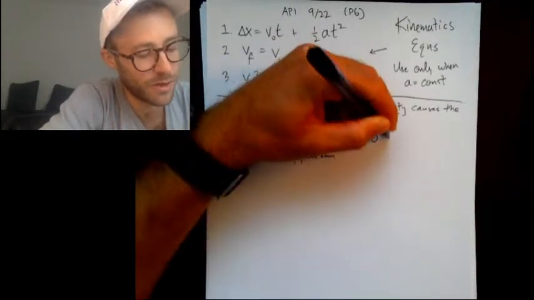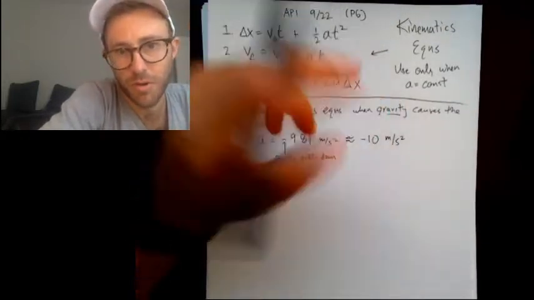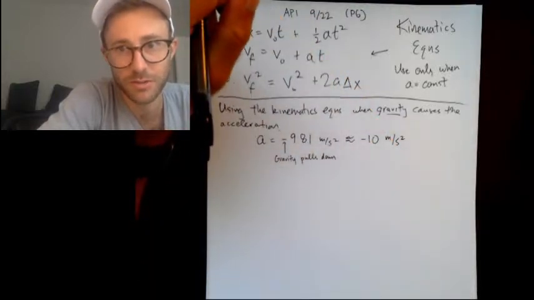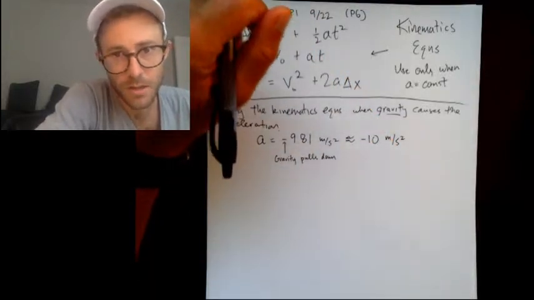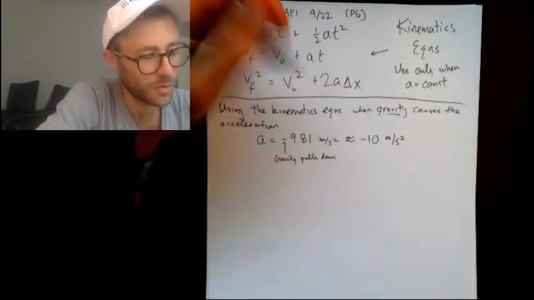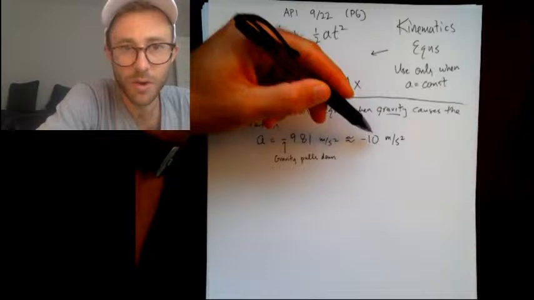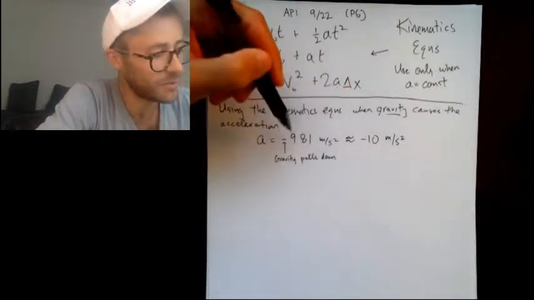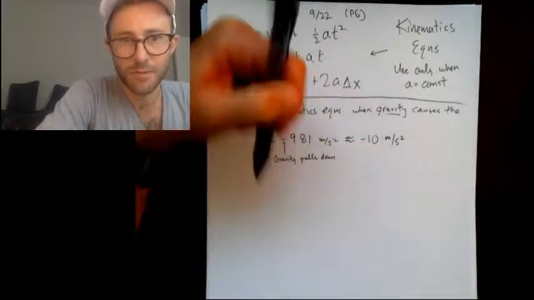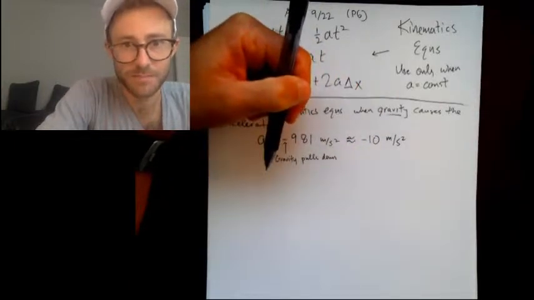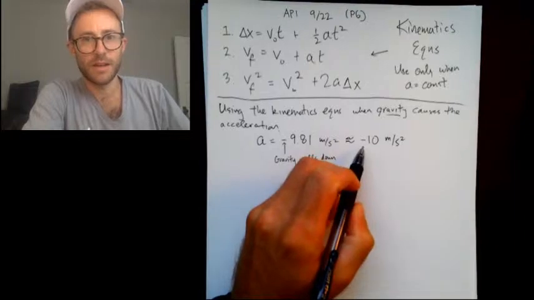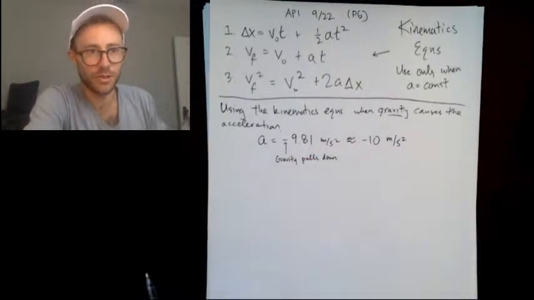It's very standard to approximate gravity as 10 unless you're doing really precise calculations, and we're not doing ultra precise calculations, so we don't have to worry about that. So all of the homework this year, even though the true value is more like 9.81, I have it programmed in as 10. So negative 10, downward with an acceleration of 10 meters per second squared.